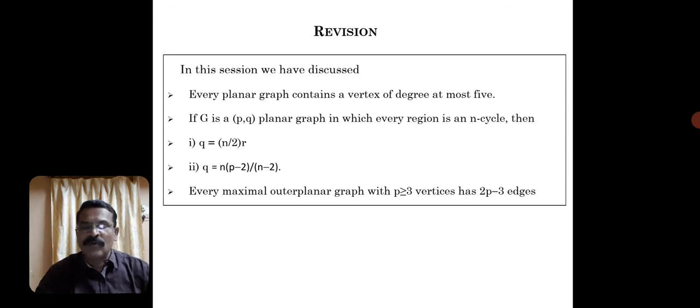And one more result we have proved: every maximal outer planar graph with p greater than or equal to 3 vertices has 2p minus 3 edges. So this is how we have proved the results based on the previous results and concepts.